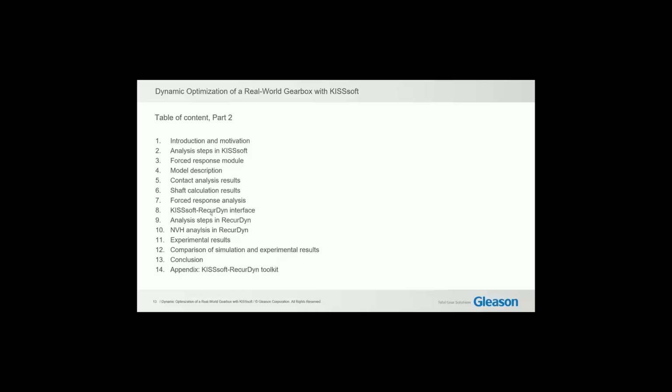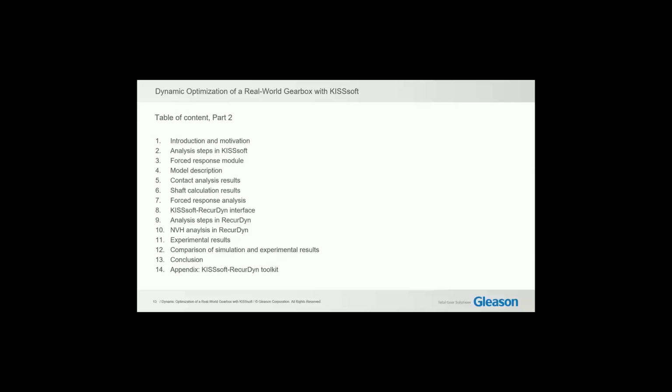Then I will describe the model, which is considered in this study. In KISSsoft, before doing the force response, we have to do the contact analysis, and based on the contact results, we get the excitations. Based on the shaft calculations, we can also identify some shaft geometries.